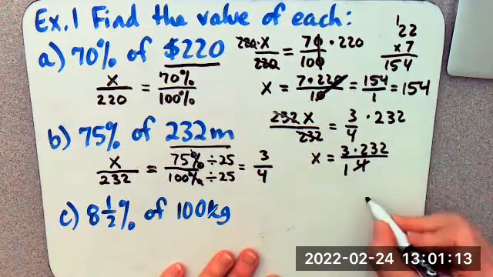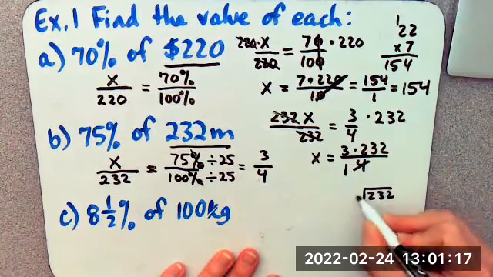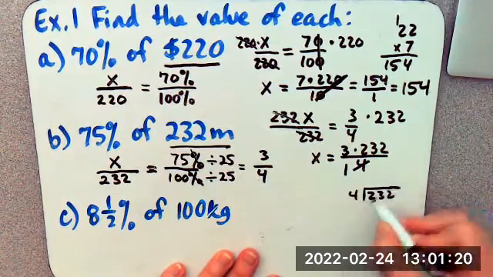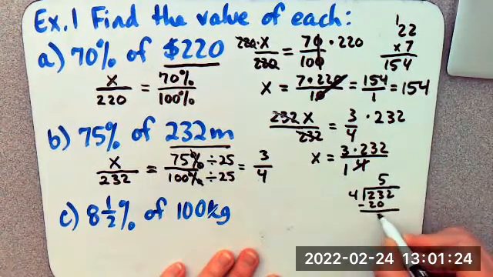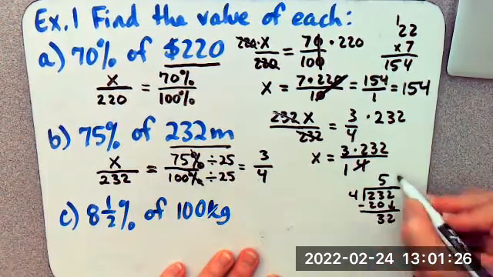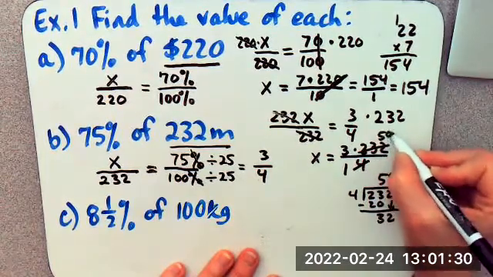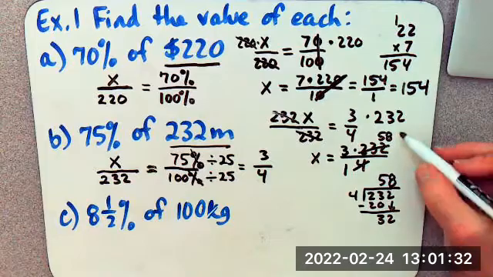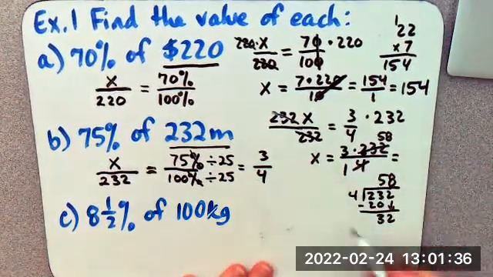And if we divide 232 by 4, we get 5 here, which is 20, and 32 here, which is 8. So we can cancel this out and make it a 58. Now, all we have to do is multiply 3 times 58.